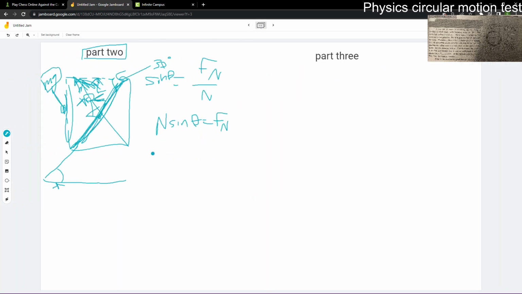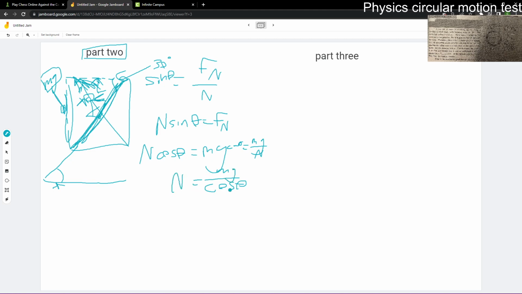So we would have N cosine theta, because we also have the hypotenuse, equals mg. That would be adjacent over the hypotenuse, so cosine theta equals mg over N. Solving that, N equals mg over cosine theta.